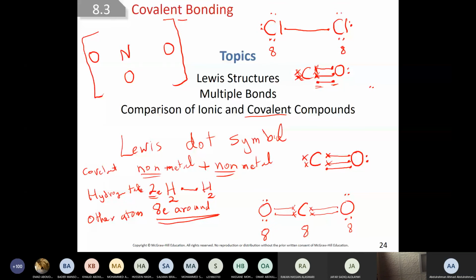Then, don't forget that we have, I'll help you. I'll put 2 electrons here. Again, the other, this is oxygen, but this one, I'll put one electron here, one electron here, and one.